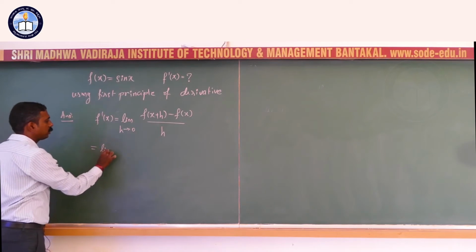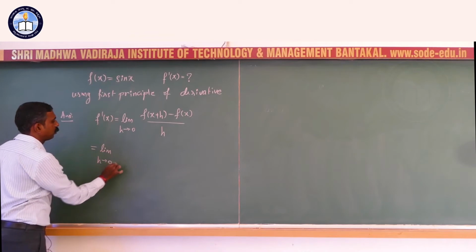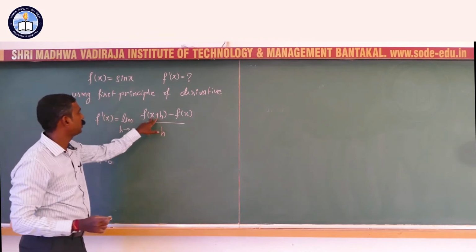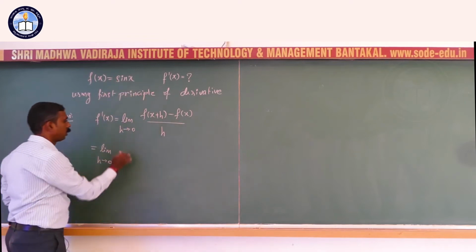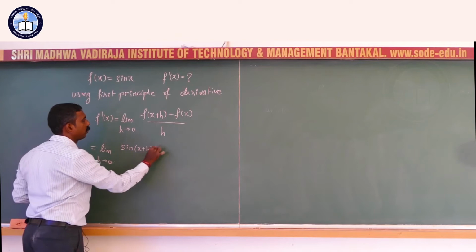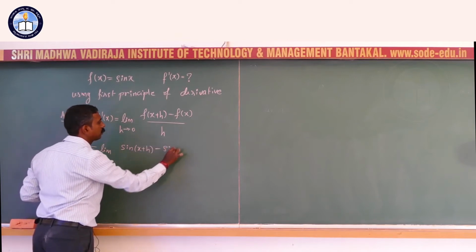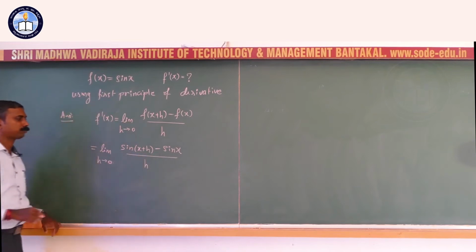So, limit h tends to 0, f of x plus h. In the place of x we have to write x plus h. So, it becomes sin of x plus h minus sin x divided by h.